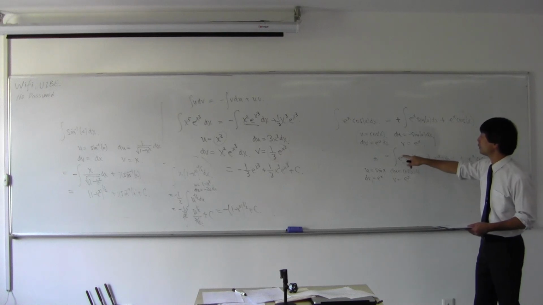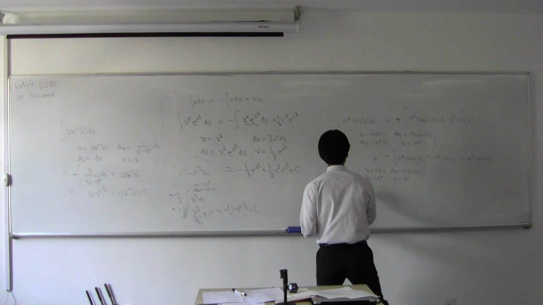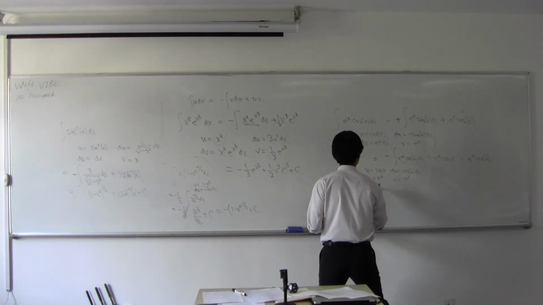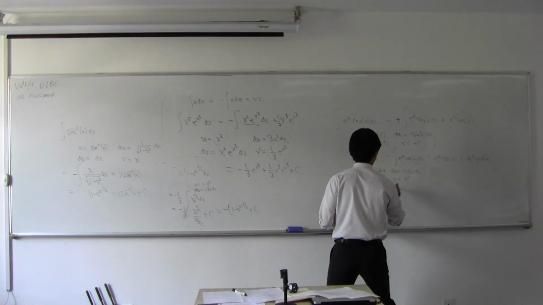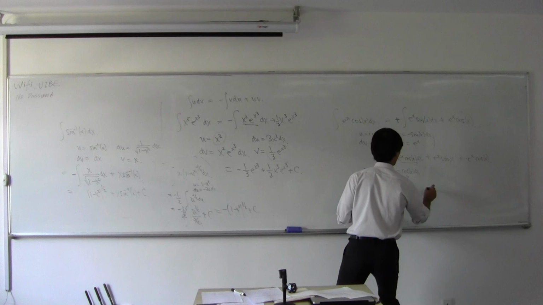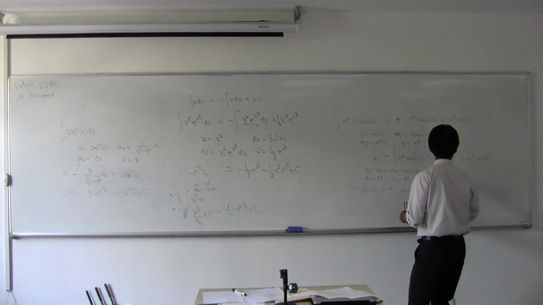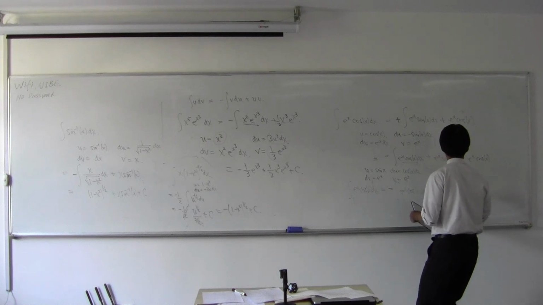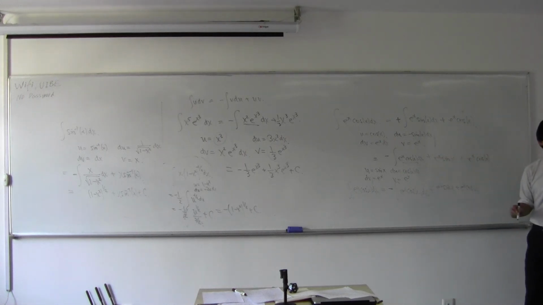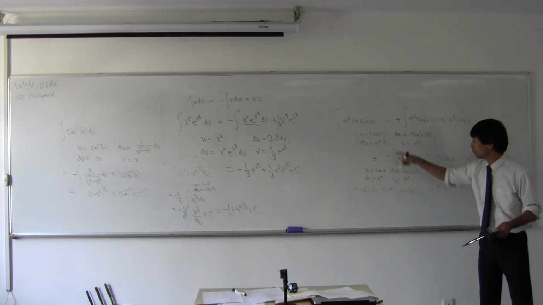And instead you notice that the integral of e to the x cosine x equals negative the integral of e to the x cosine x plus these other things, e to the x sine x plus e to the x cosine x. Okay. So that actually gives us information about our integral, right?